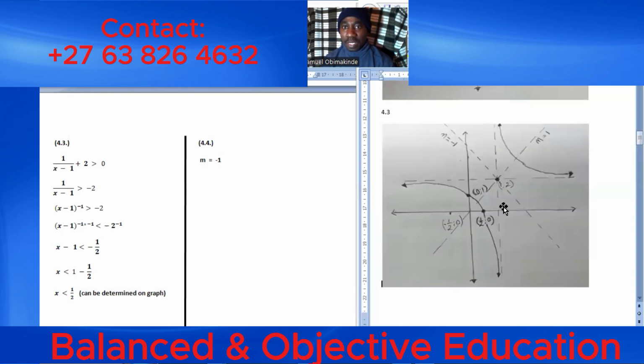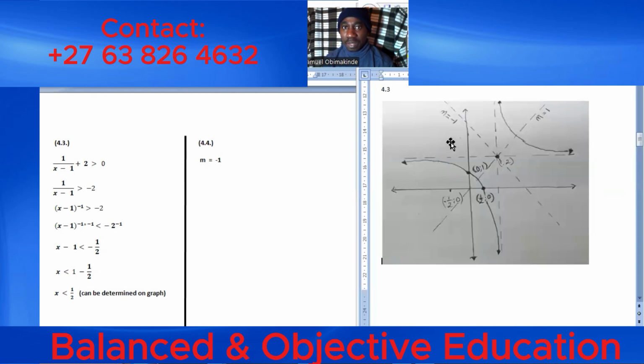Two important things that you need to note about the axis of symmetry: for the negative axis of symmetry, that is the one that runs from the top left to bottom right, the gradient is always -1. It does not change. The gradient is -1, no matter the scenario you are considering.